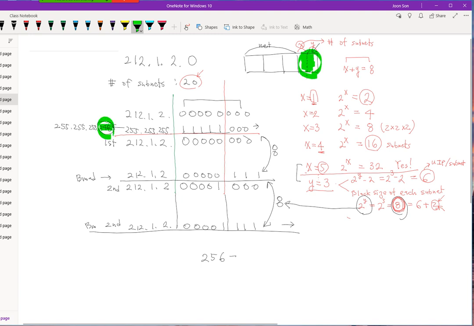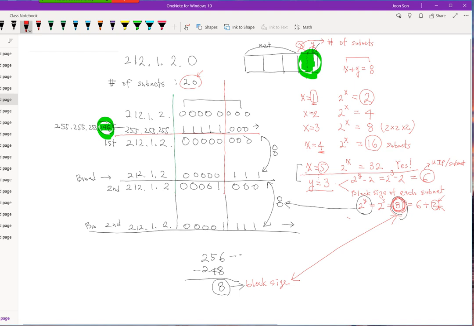So we can use 256 minus 248, and this is 8, right? So this is the block size of each subnet, which is 8.